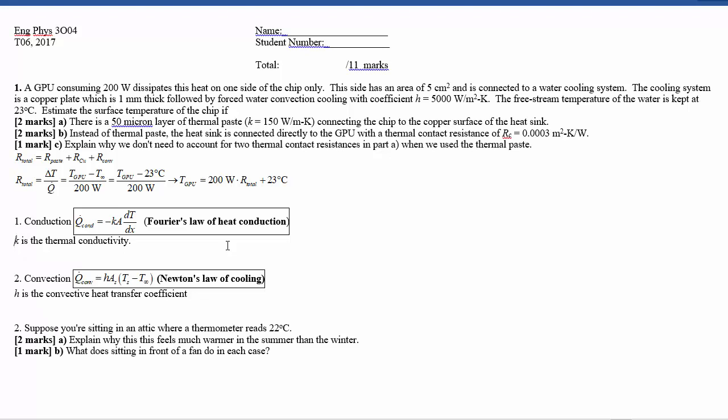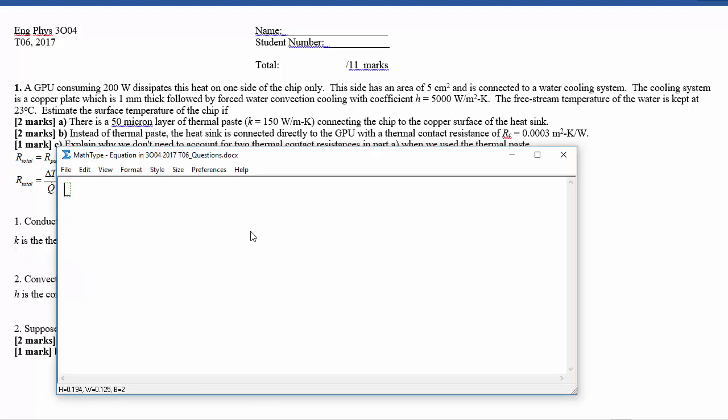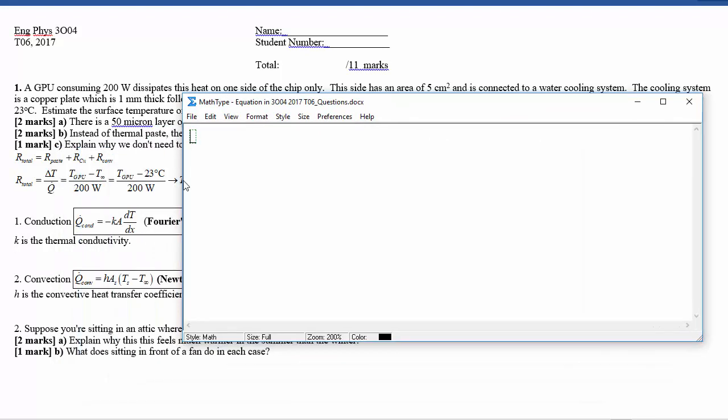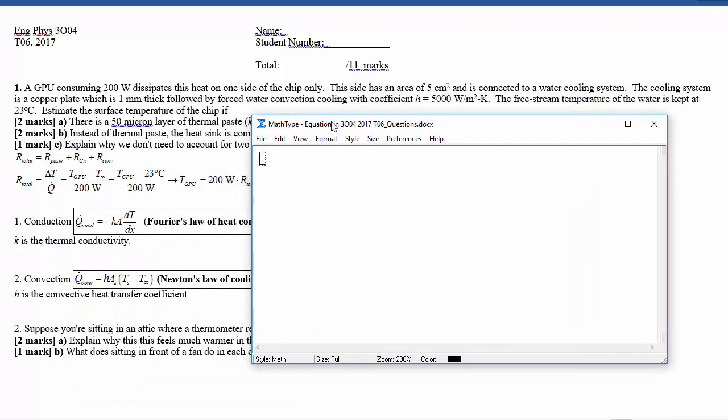From this bit of information, you could see that the rate of heat transfer is equal to k A times delta T, where the negative sign is absorbed into that, divided by the length across this thing.